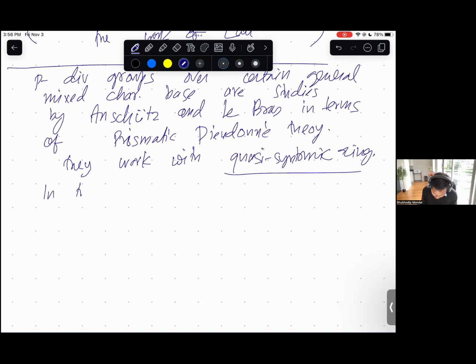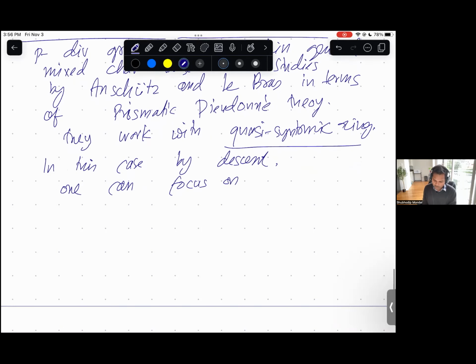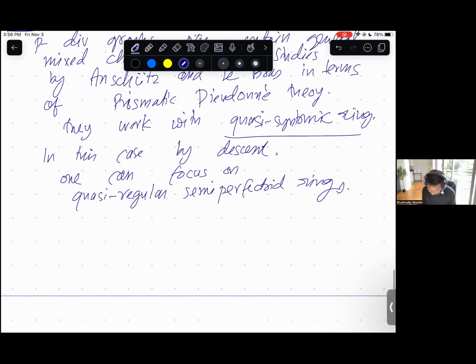In this case, by some descent techniques, one can focus on a certain class of quasi-syntomic rings which are called quasiregular semiperfectoid.